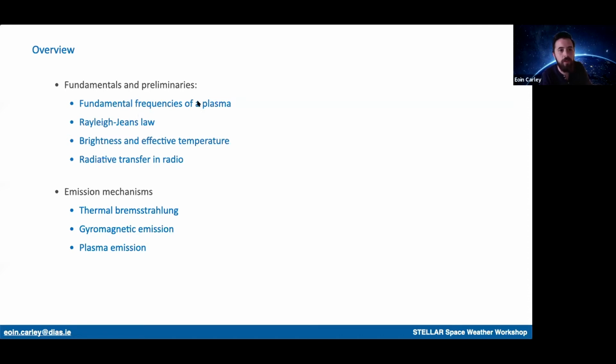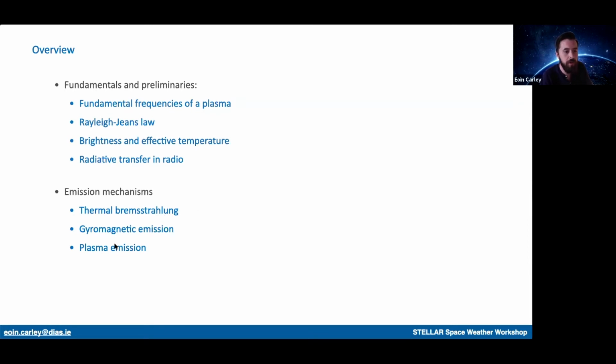So I'll talk about fundamental frequencies in a plasma, the Rayleigh-Jeans law, which we may have heard of before, especially if you studied radio, brightness and effective temperature, and a very small bit about radiative transfer. And then I'll talk about three main mechanisms: thermal bremsstrahlung, which is the primary one for the quiet sun. It's not the only one, but it's the primary one.